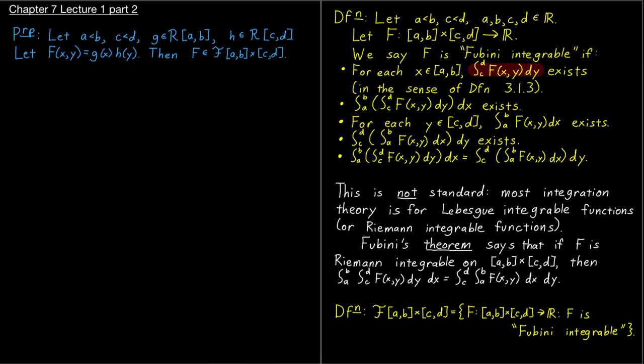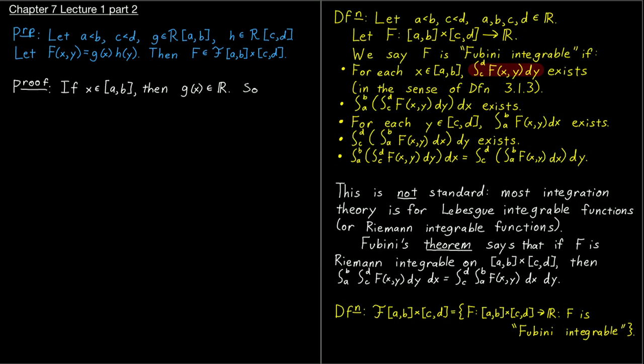So now let's write out the proof of this. So first notice that if x is a point in our interval, then g of x, g is an integrable function, so it maps to the real numbers. So g of x is just a real number.